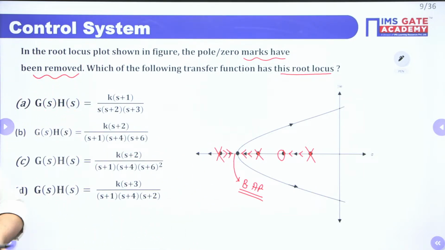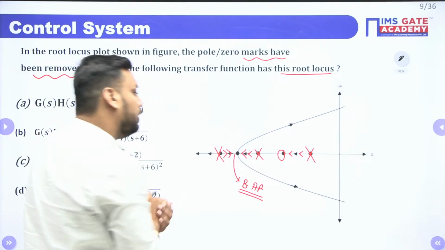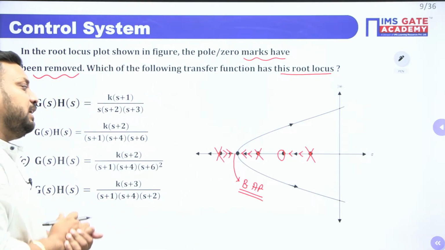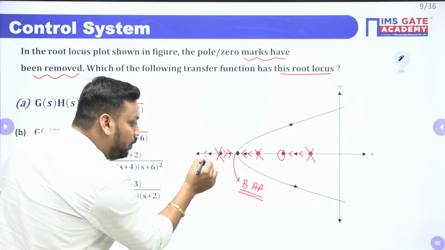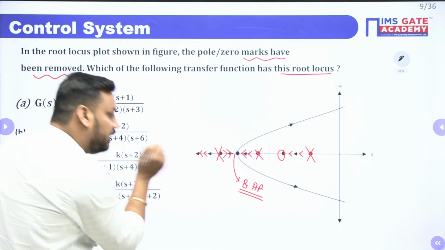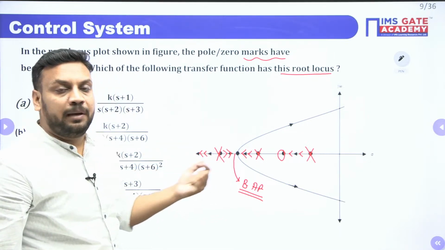Okay, guys. So now tell me, this is a pole. It means 2 poles are there. But one more thing, guys, here. If this is 1 pole, then why is 1 root locus going in this direction? It means at this place we have 2 repeated poles. Why?